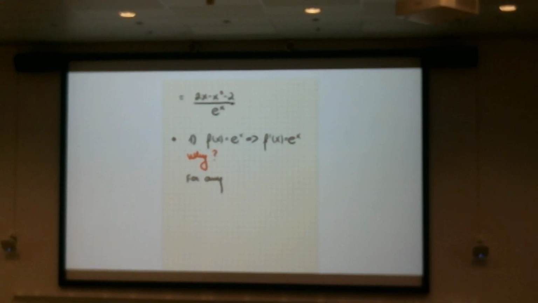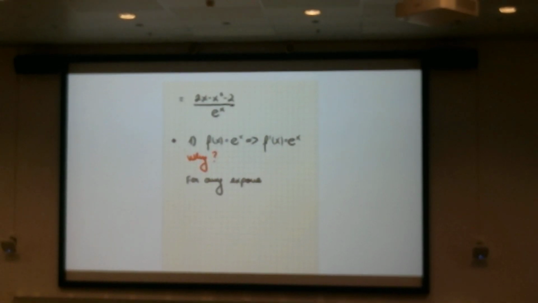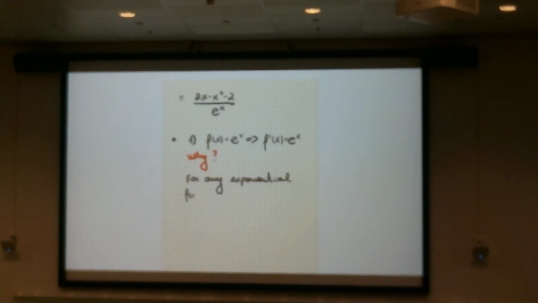For any exponential function with any positive base, f of x equals a to the power of x, where a is any positive base. For this example, we just chose the very specific base e.